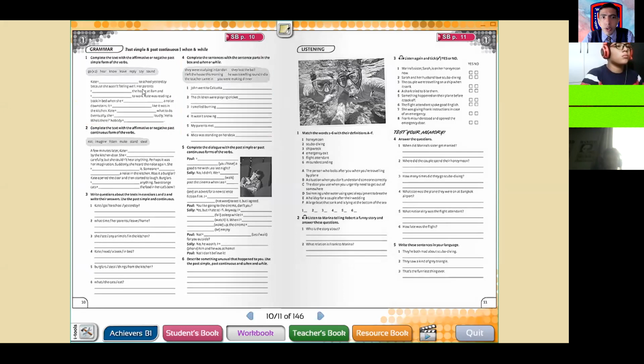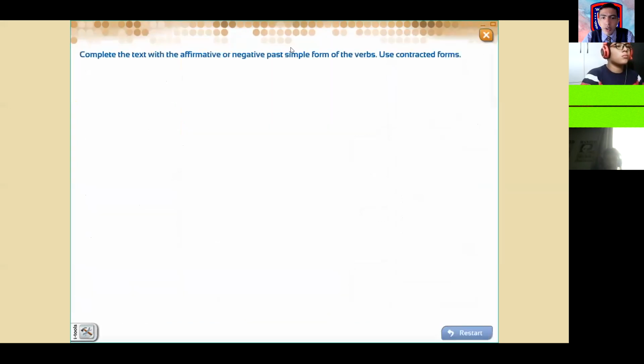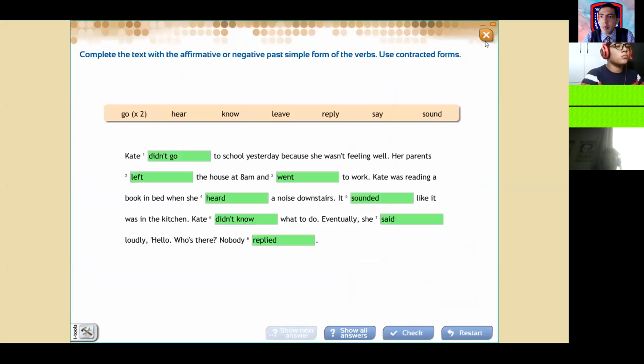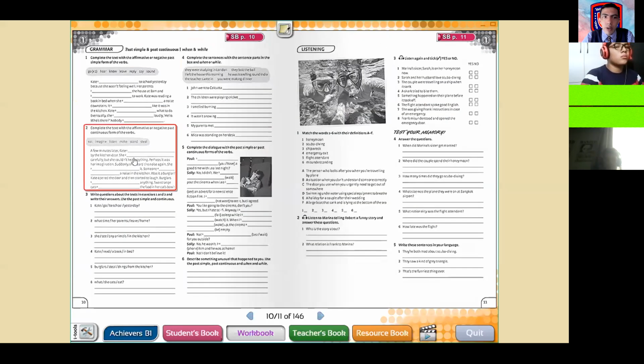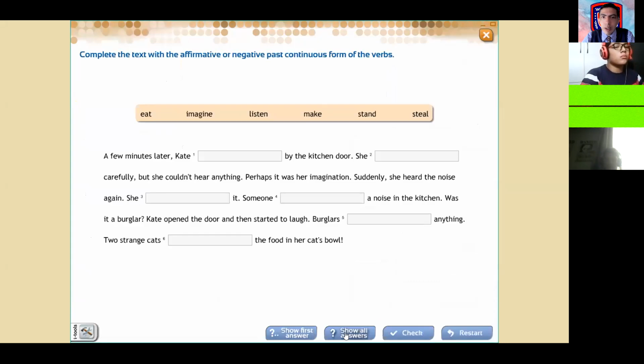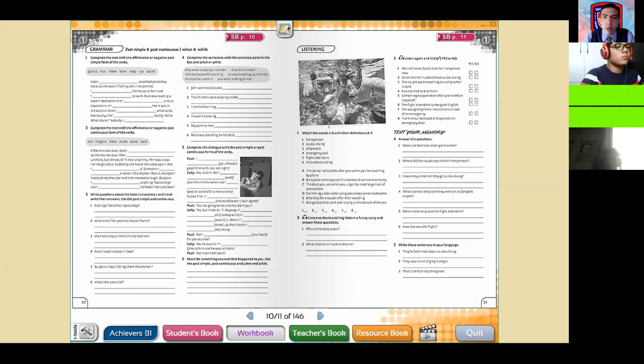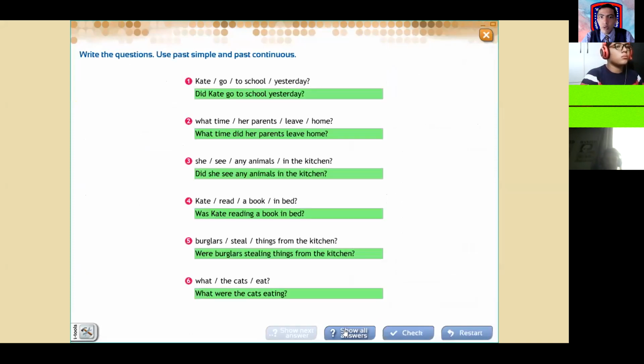So we advanced and we were checking each one of these exercises last week. Remember, affirmative, negative, past simple form. Then we had some affirmative and negative past continuous form. Then on exercise number 3, you had to order some questions, some structures in past simple.